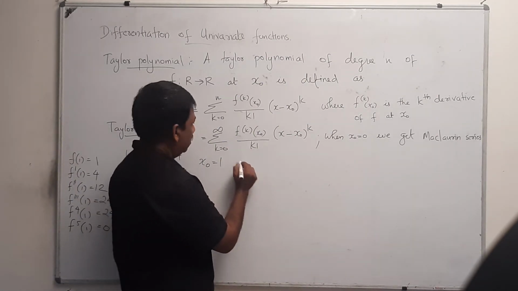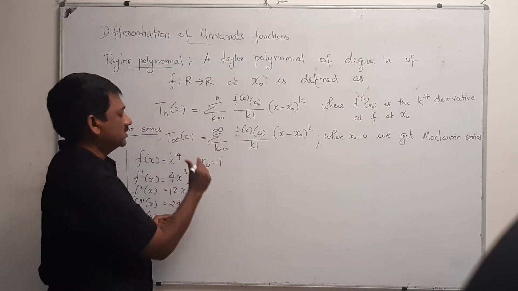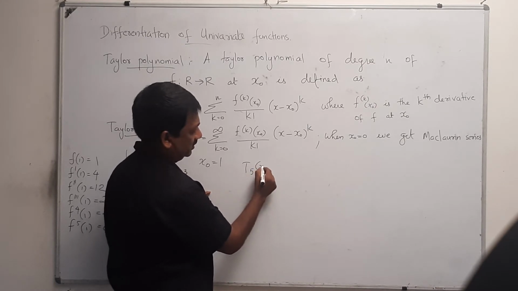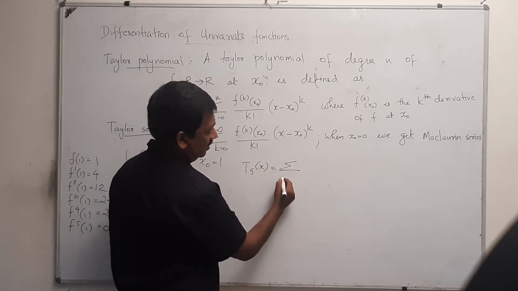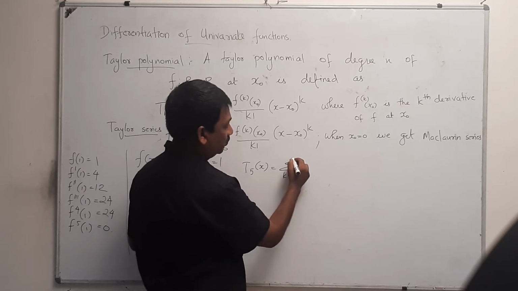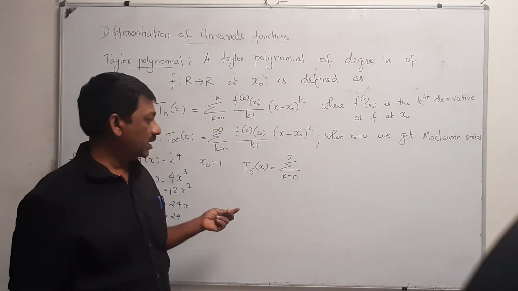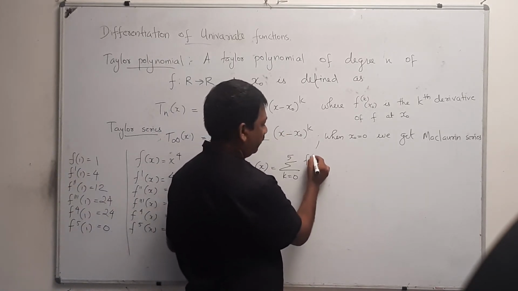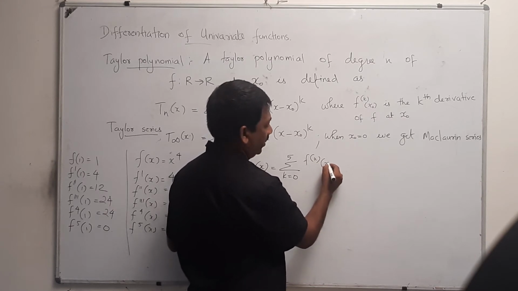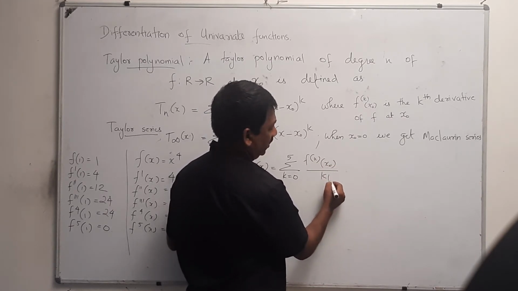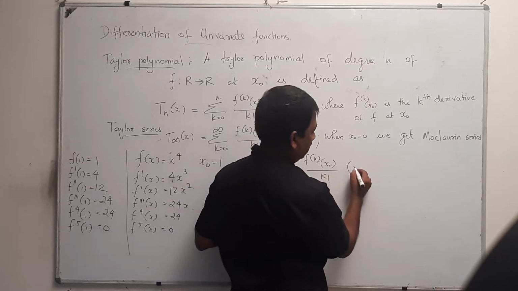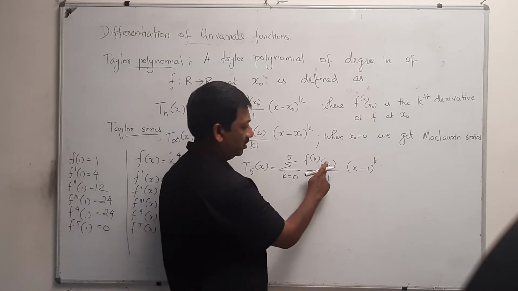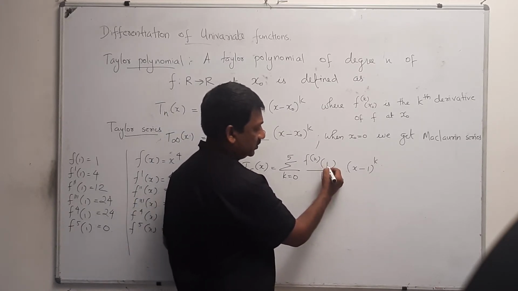T5 of x is equal to the sum from k equal to 0 to 5 of f^(k)(x0) divided by k factorial into (x minus x0) raised to k, where x0 is 1.